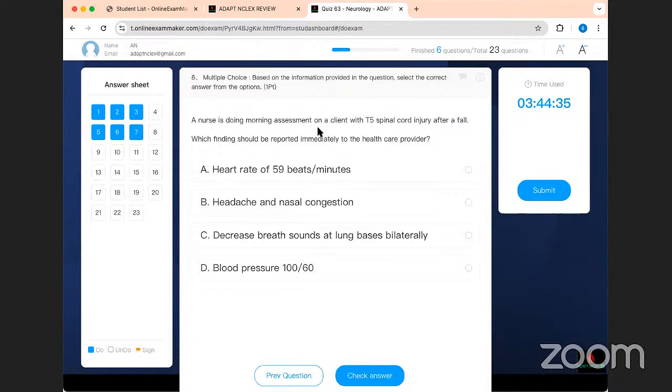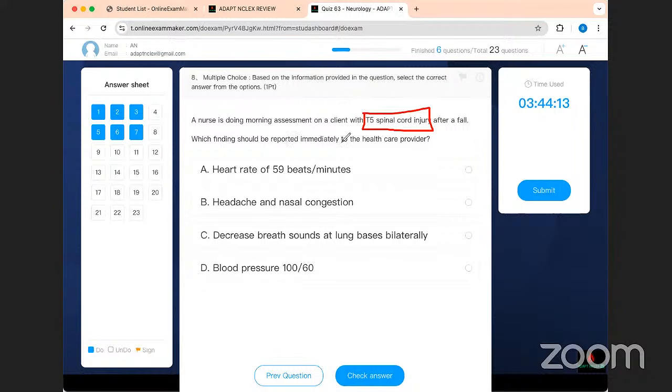And this is doing a morning assessment on the client with a T5 spinal cord injury after a fall. Which findings should the nurse report immediately to the health care provider? Another keyword, look at the question, and I can tell you this is your buzzword right there: T5 spinal cord fracture, right.